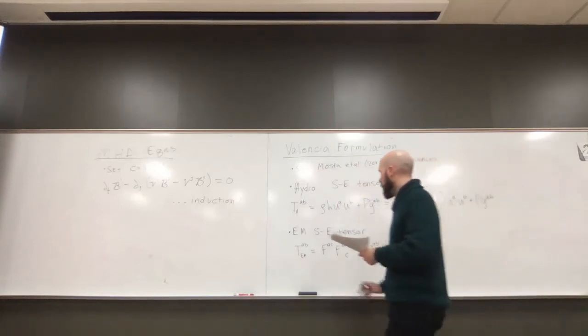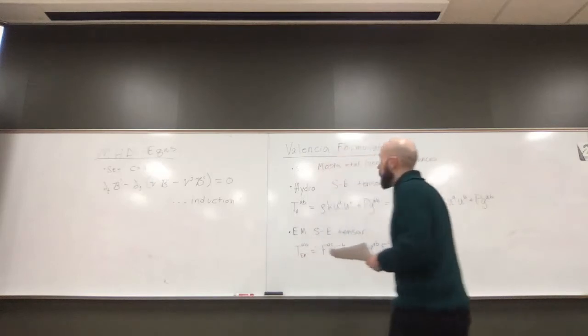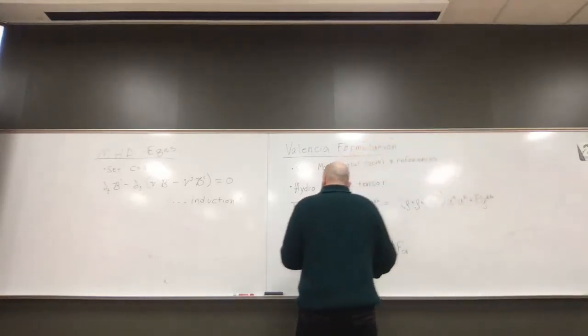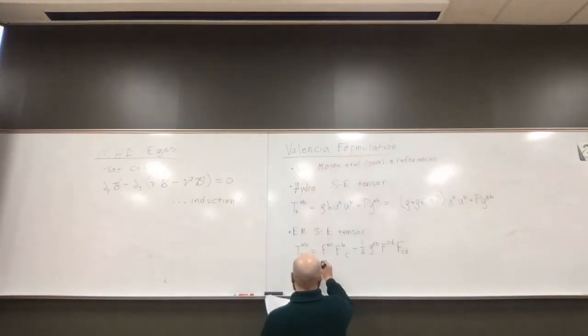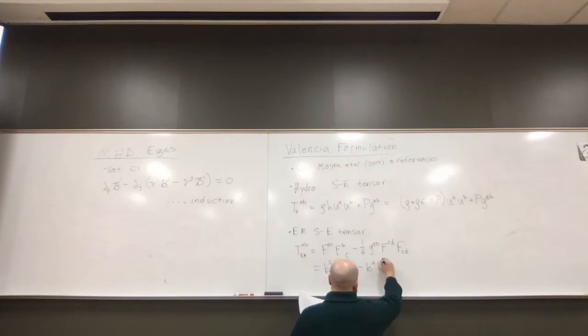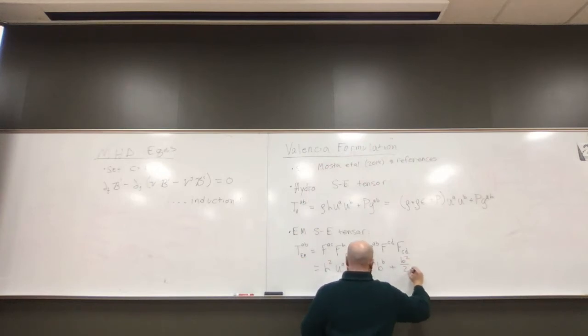Okay? Now, using the MHD approximation and substituting in my definitions that I had before for the magnetic field, dropping in the electromagnetic field part, I can write this as b squared u^A u^B, like that, minus b^A b^B plus b squared over 2 times g^{AB}.